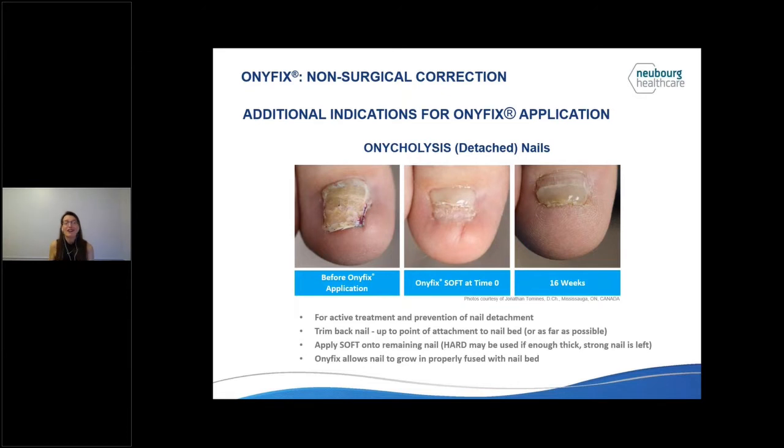I love how Onyfix can really solve the problem. It fixes the problem, guys. And historically, just like we have not properly had for ingrown and involuted nails, we haven't had a medical-level but non-surgical option for something like onycholysis.